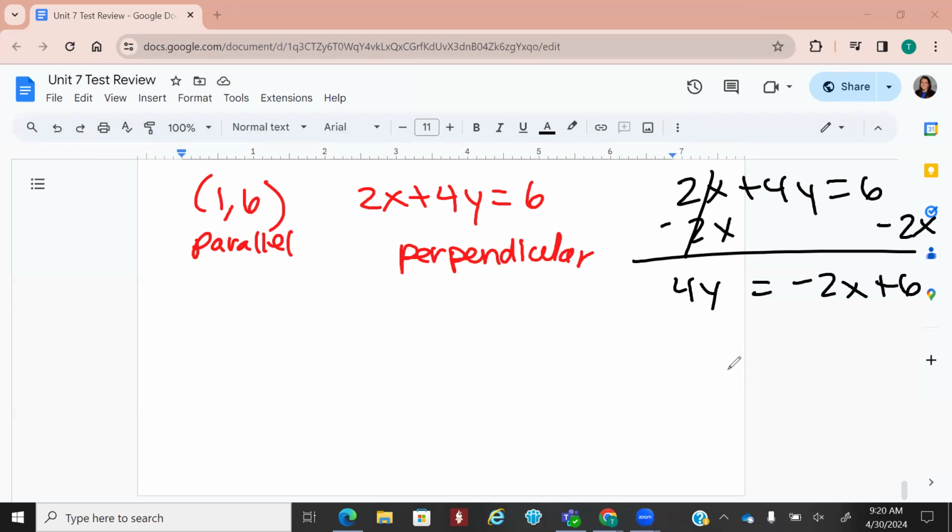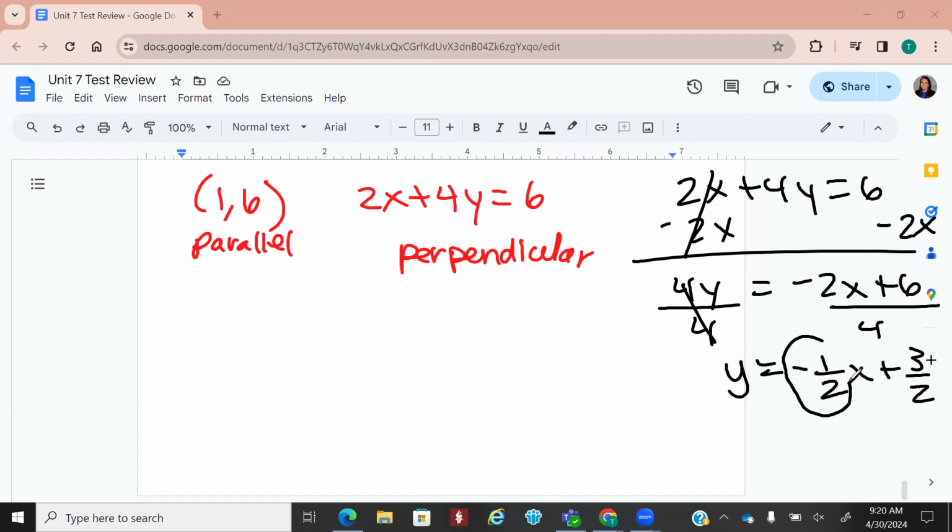Then we're going to divide by 4. So y is going to equal, this can simplify, right? All of this is divisible by 2. So I'm going to get -1/2 x plus 3/2. Here is my slope.